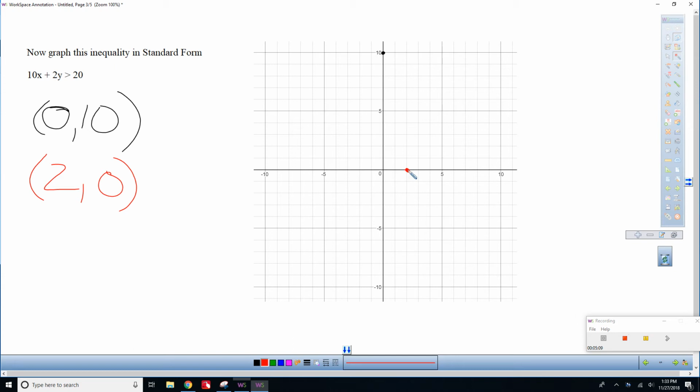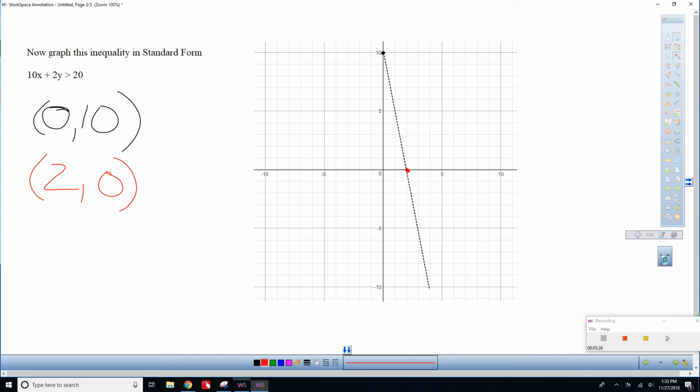Okay, now this does not have an equal sign, so it's going to be dashed. Now, I caution you when you shade these not to just go above that line, because it's no longer in the form y equals or y is greater than.